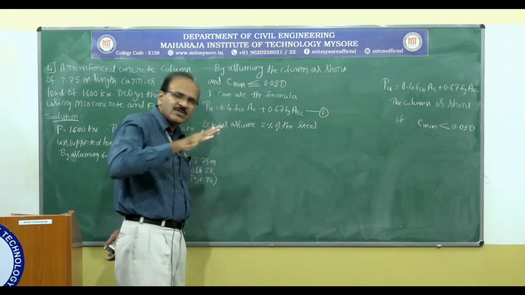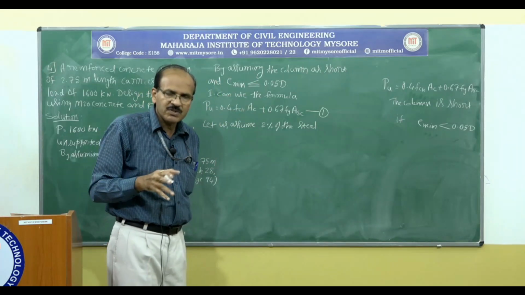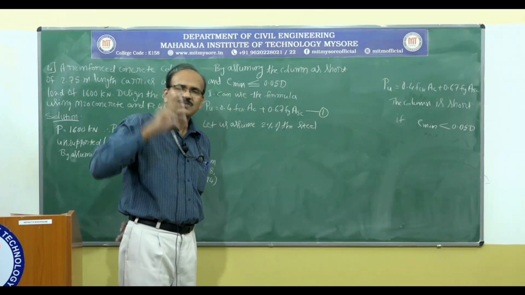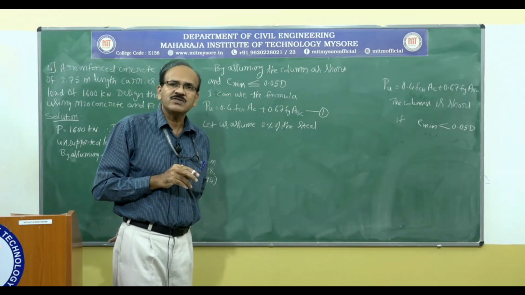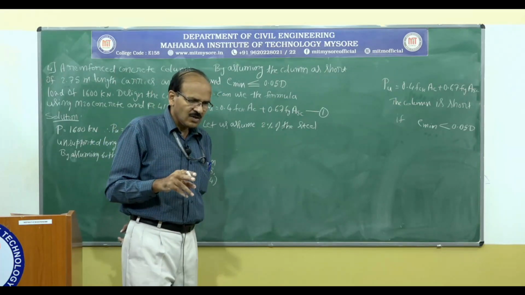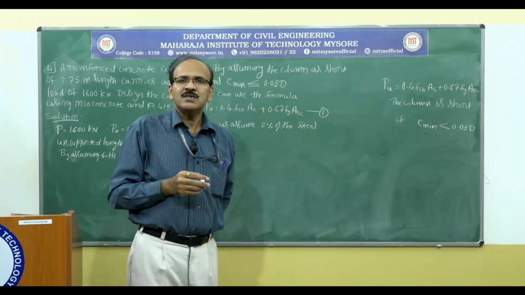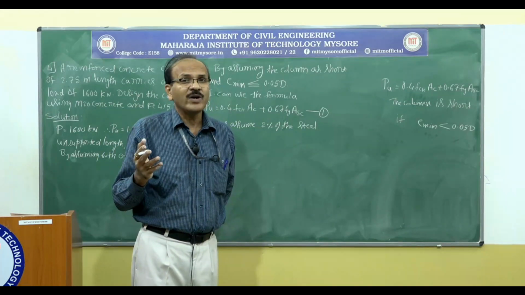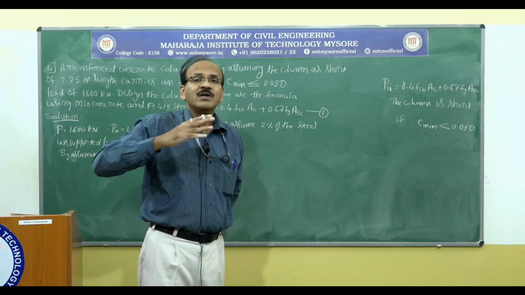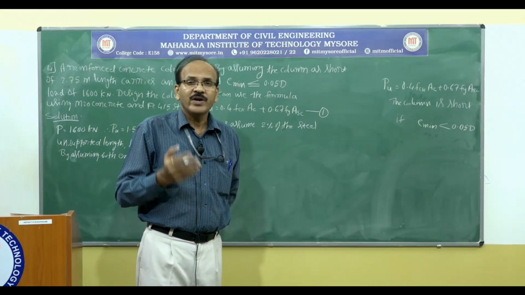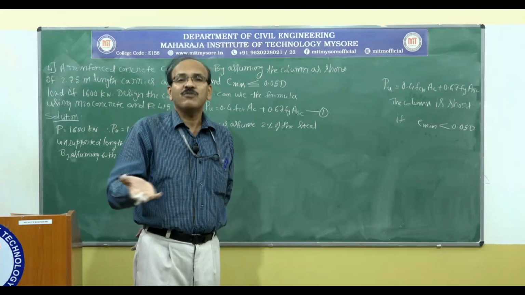Whatever the gross area of the column section, I am going to assume 2% as the area of cross section of the steel, because the code says minimum reinforcement is 0.8% and maximum reinforcement is 6%. Practically speaking, even 6% is too high. Normally we don't go beyond 4%.